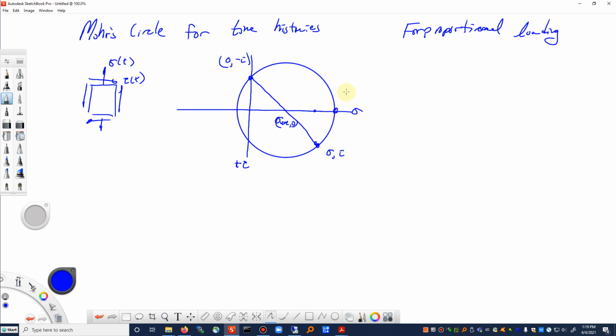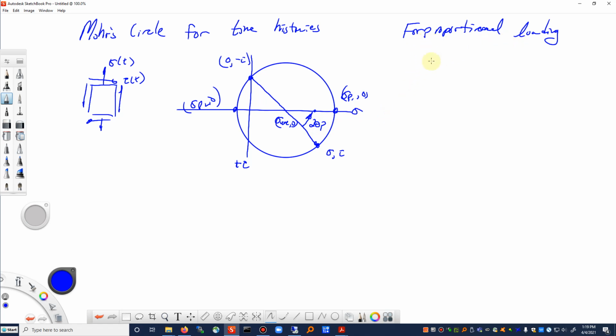So if you remember, we usually call this point sigma p1, comma 0, and this point sigma p2, comma 0. Now those values will change as the circle gets larger and smaller, but the angle here on the Mohr's circle, 2 theta p, remains the same.